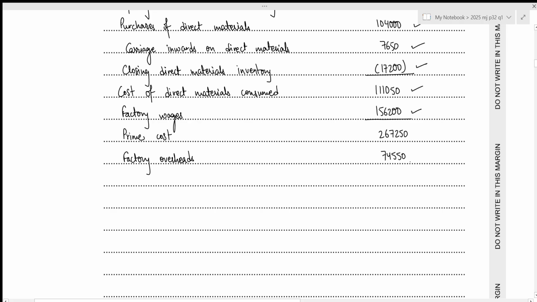Let's write it down. Then we need to add up the prime cost and factory overheads. So 267,250 plus 74,550, which results in 341,800. And you do not have to label it anything. After the total of your prime cost and factory overheads, you need to make an adjustment for your work in progress. So the opening work in progress inventory should always be added, and the closing work in progress inventory should always be subtracted.